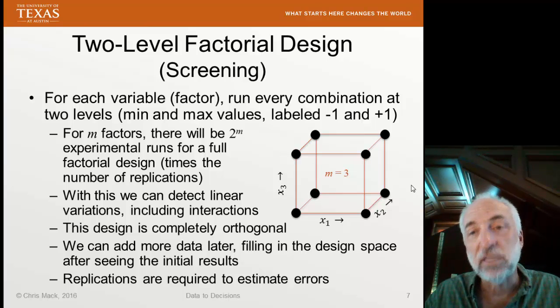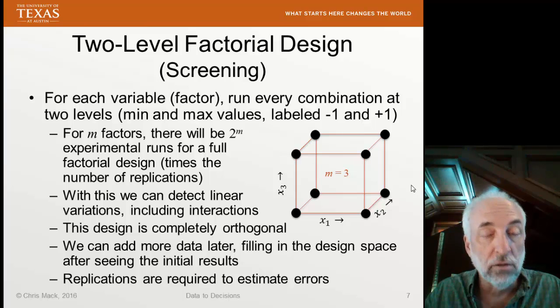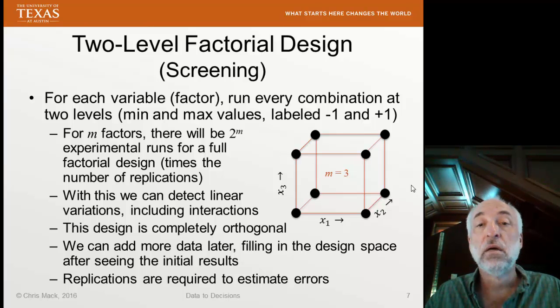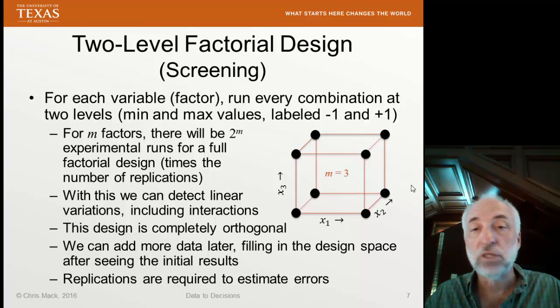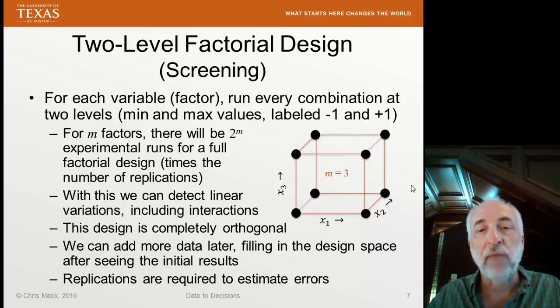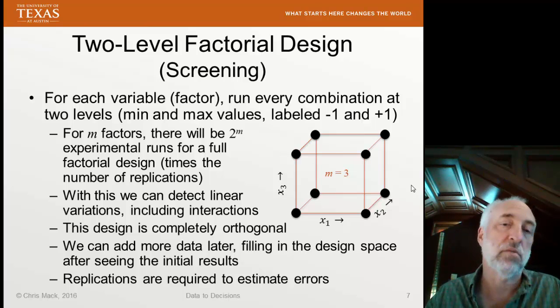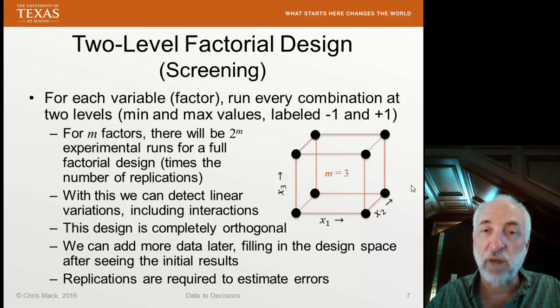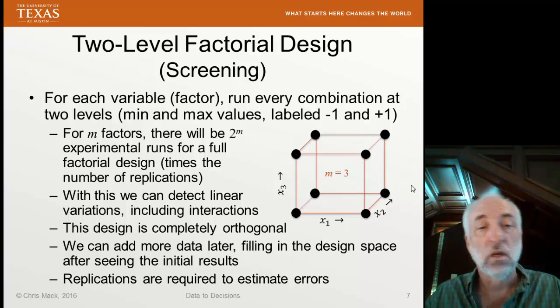One of the nice things about this design is it's completely orthogonal, so there are no multicollinearity issues involved. Every parameter I can look at in a very simple way as being uncorrelated with all the other parameters. Very nice property of this design.